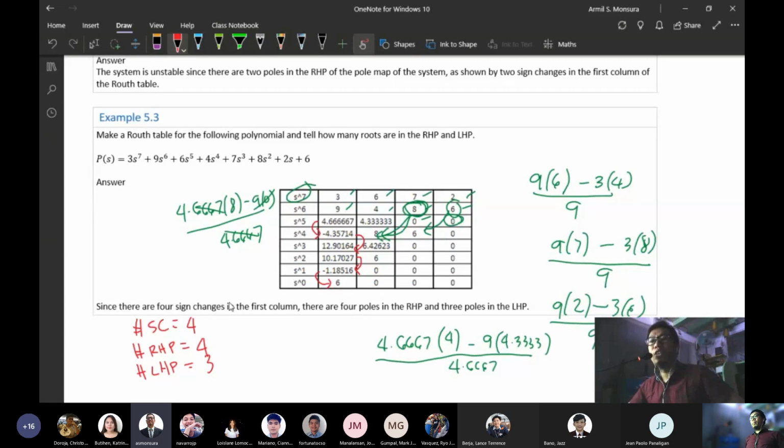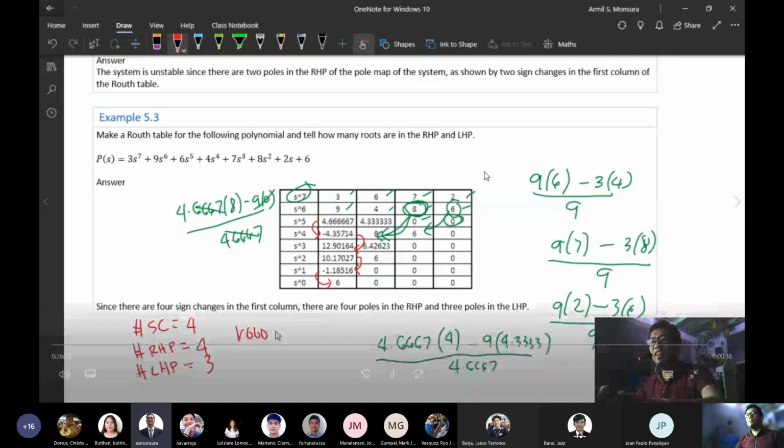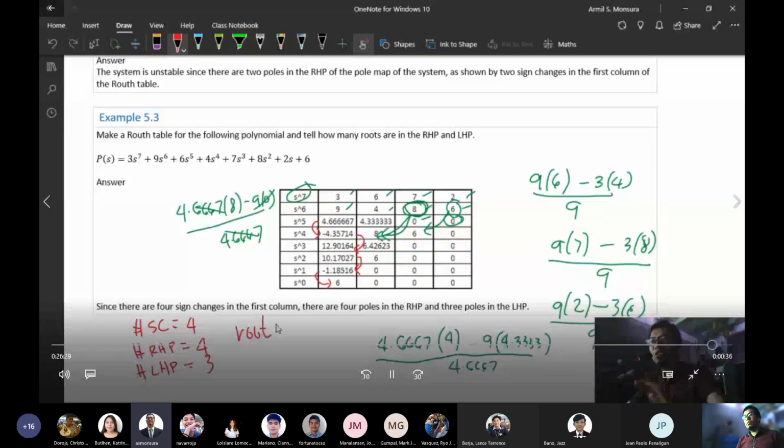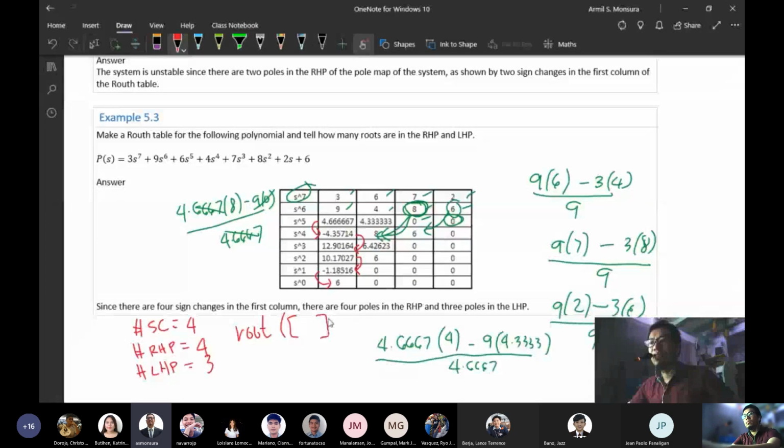Okay, pwede nyo ring i-verify yung location na yan using the roots function sa MATLAB or sa Octave. So input nyo lang dito yung array ng coefficients. Okay, so ayun, ma-verify nyo yung roots.